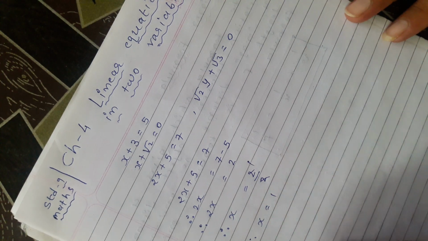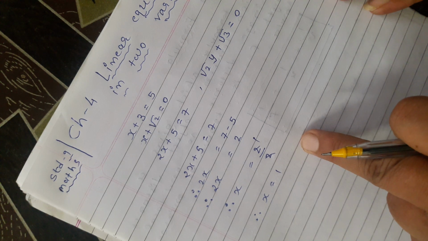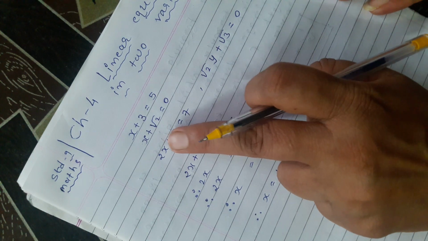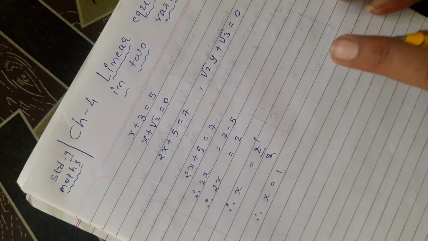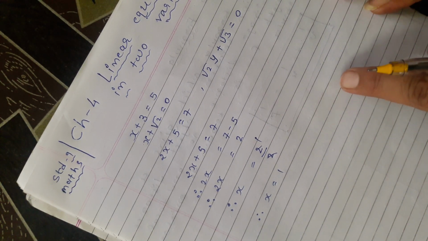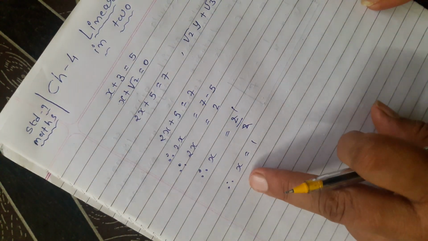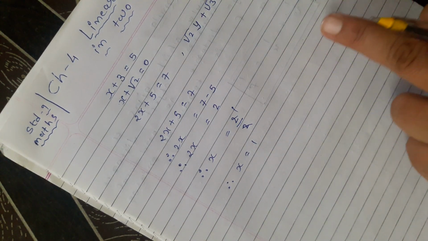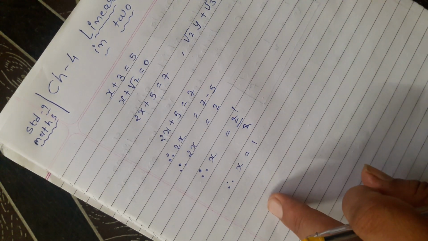So note that linear equation in one variable has degree 1. See that here x raised to 1, here x raised to 1, y raised to 1. So linear equation has degree 1, variable 1, and it has only one solution. And this solution, that is the root of the equation, we can represent on a number line.